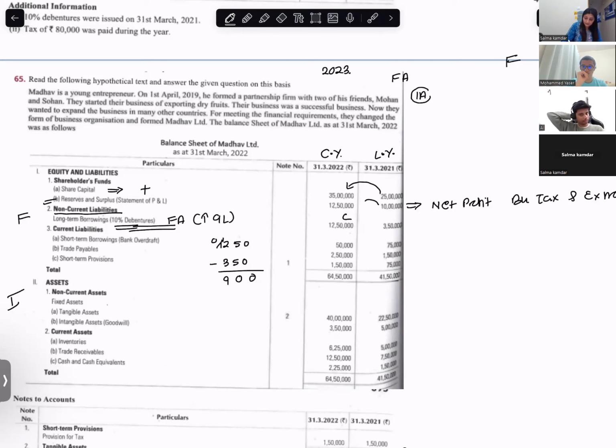Okay. Whenever debentures are there, along with that there will always be one more thing which is complementary.